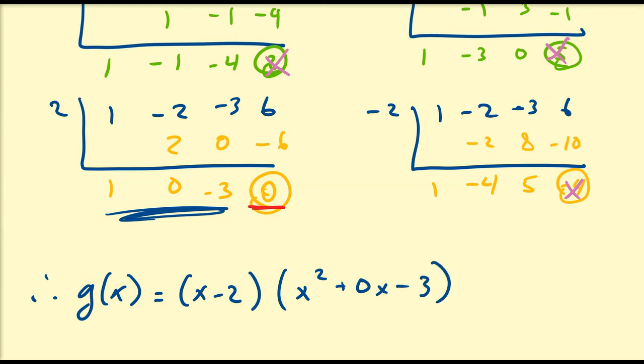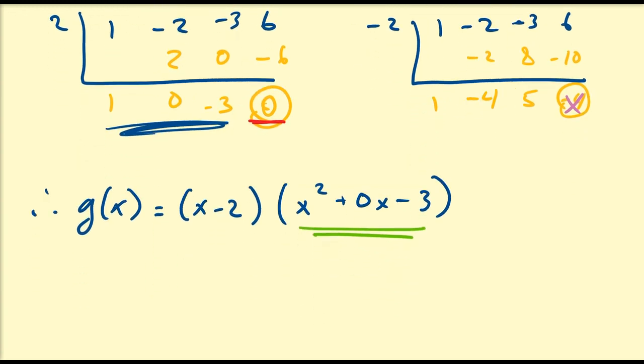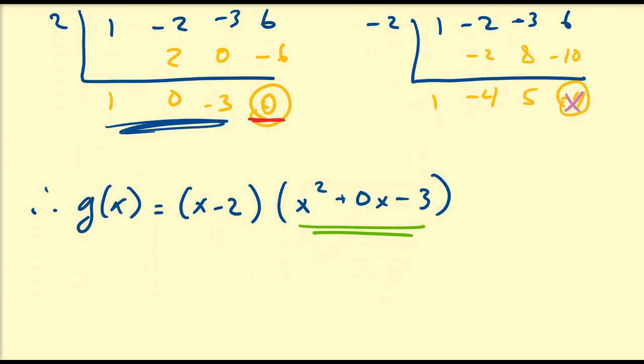If we were to try 3, negative 3, 6, and negative 6, you would see that synthetically you will not get a remainder of 0 because neither of them correspond to this factor. So that means we have one rational 0 and the other two are either complex or irrational.